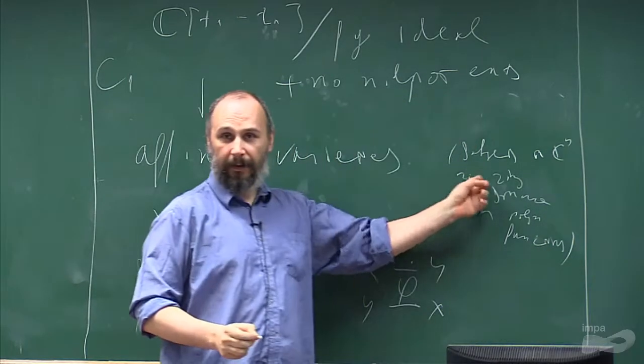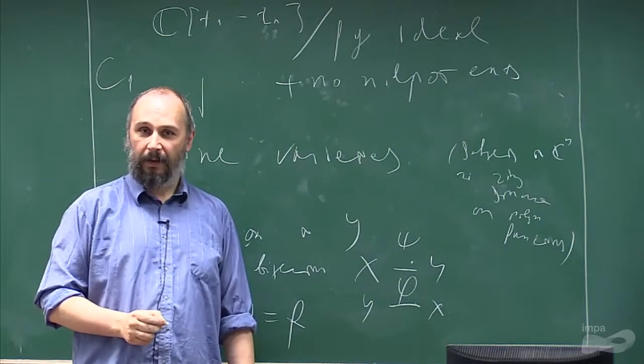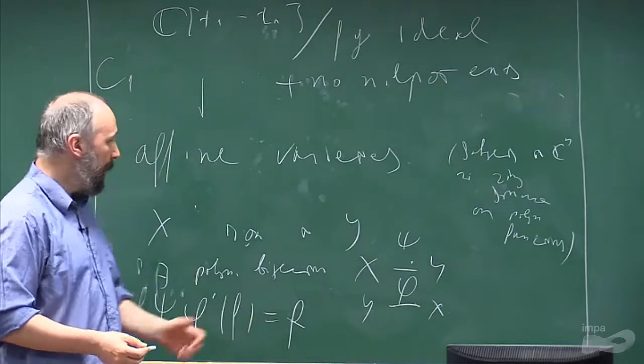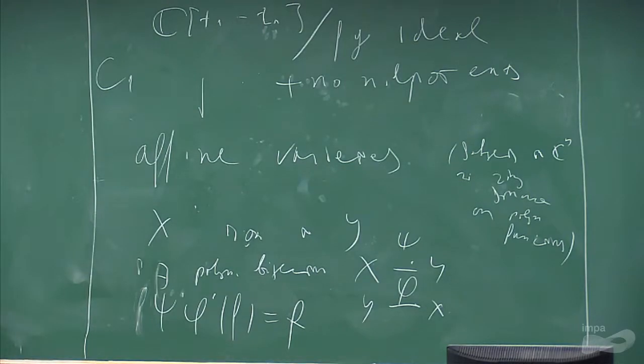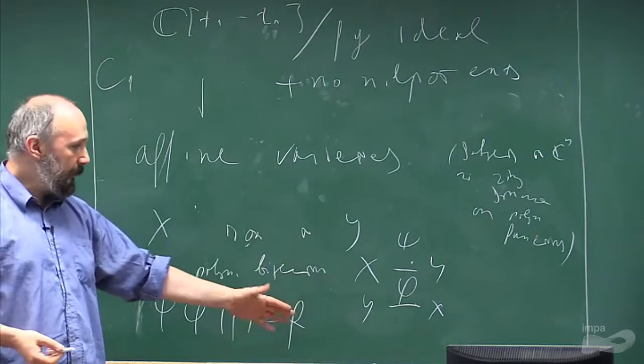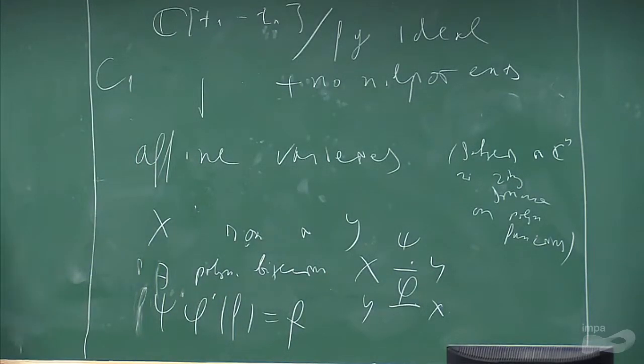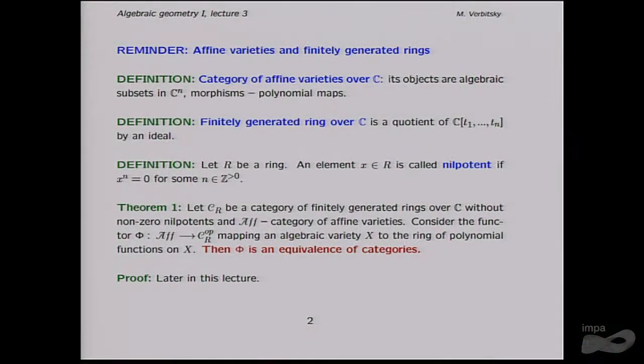This is our category. So the morphisms are polynomial maps, and identity is a polynomial map. So you can have x inside Cn and another y inside Cn, but they could be isomorphic by polynomial maps from here to there and from there to there.